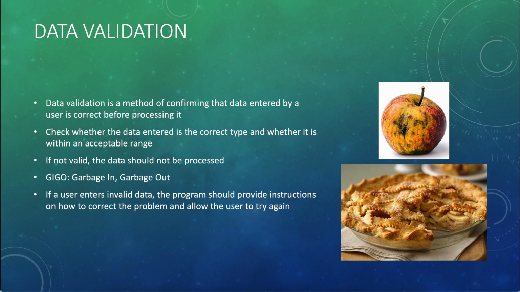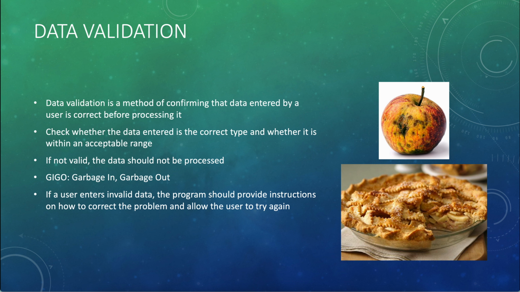Because remember, if you've ever had anything to do with programming, you're probably familiar with this phrase, GIGO, garbage in, garbage out. So if you put garbage in, you're going to get garbage out.